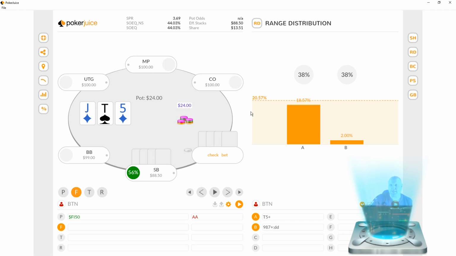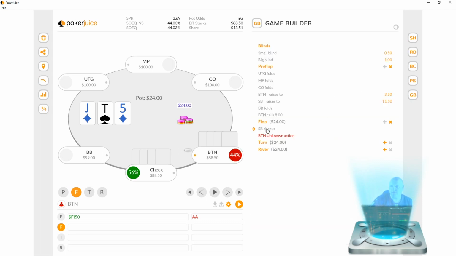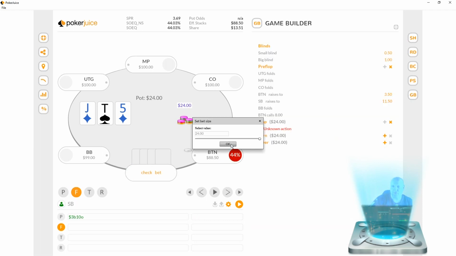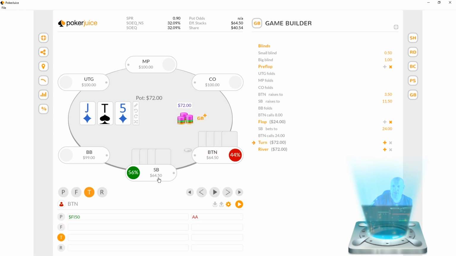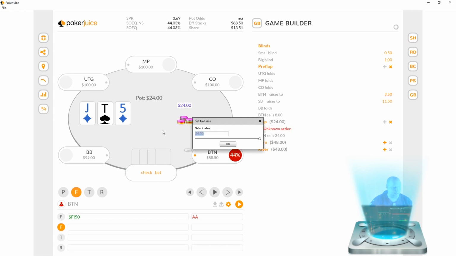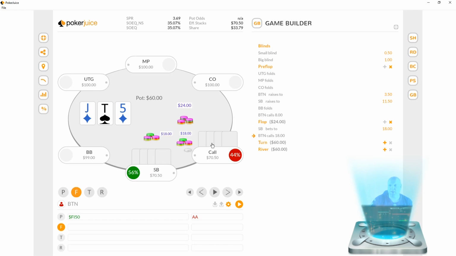The good thing is that if we bet full pot and he calls, now we can shove the turn. So if the turn is good for us, we can shove. We don't have to play the river. But if we bet here only 18, and he calls, the pot is 60, we have 70 behind. Now it creates those nasty situations where we bet, and he calls, and the river is horrible.